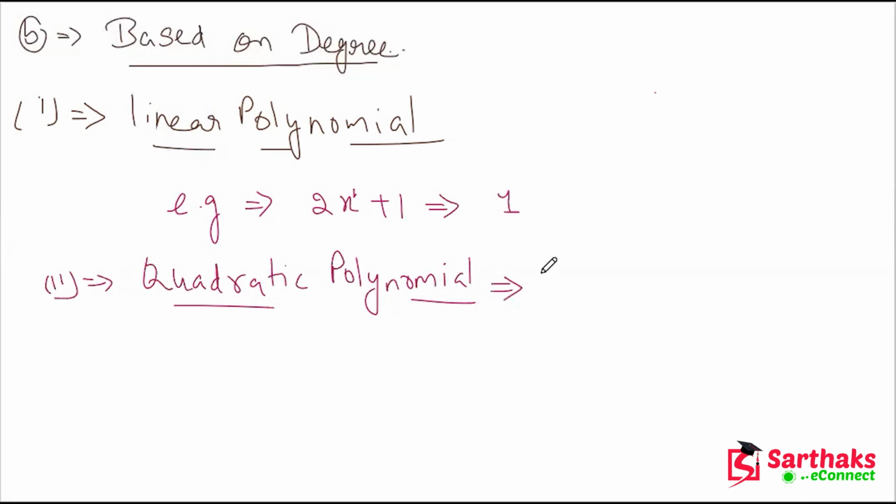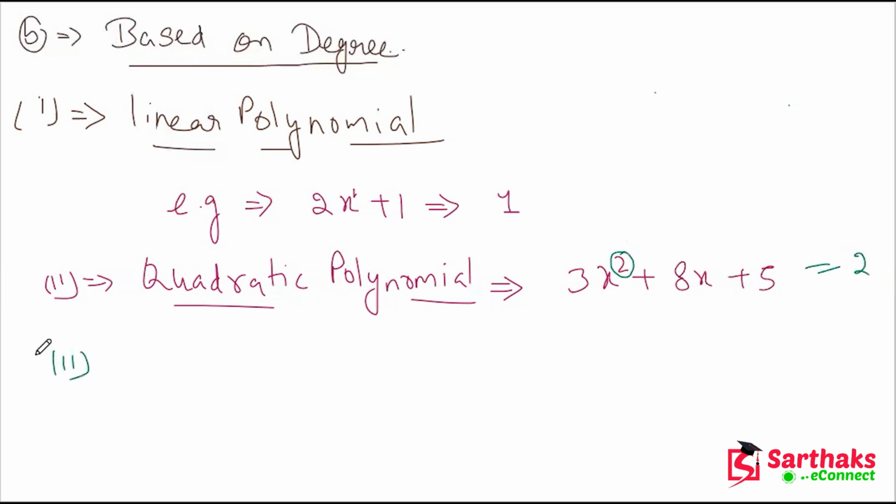For example, 3x square plus 8x plus 5. Here the maximum order is 2, so the degree is 2. So this is a quadratic polynomial.